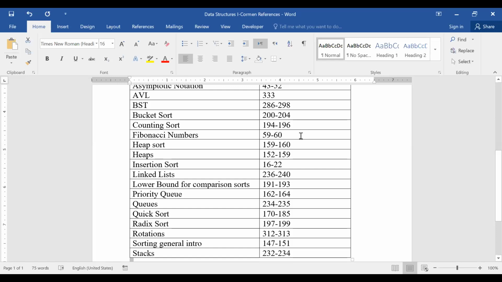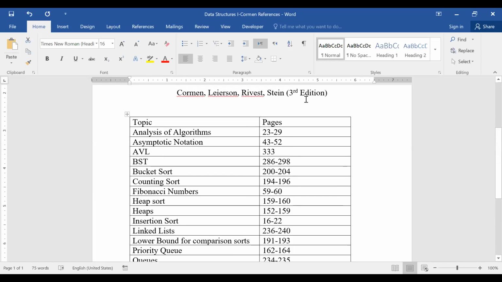Here he explains what I said about the mathematics, about using phi for the approximation for Fibonacci numbers. Actually, we'll be seeing that again today from a different point of view. That's two pages, or a page and a half. AVL, like I said, 333 is half a page. So it's based on the third edition of this book.